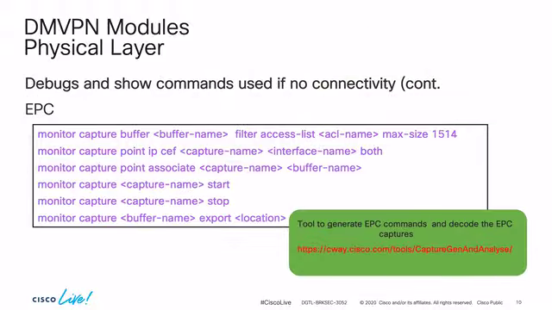Expanding on EPC, these are some of the commands which you would need to use to enable and configure packet capture on routers. And I just wanted to call out that we have a very awesome tool on the Cisco website, and this tool can help you come up with the commands if you just put in your source and destination traffic that you want to capture.